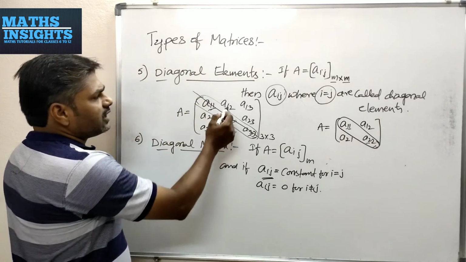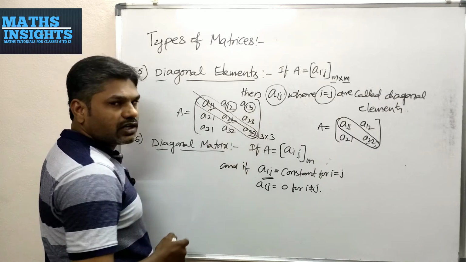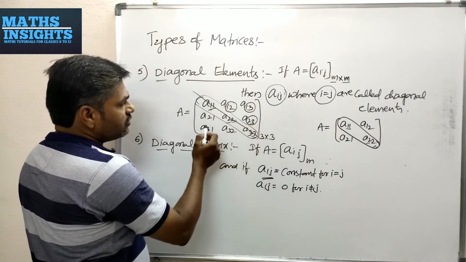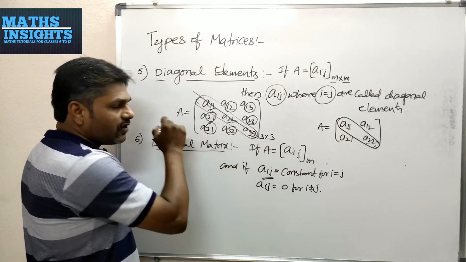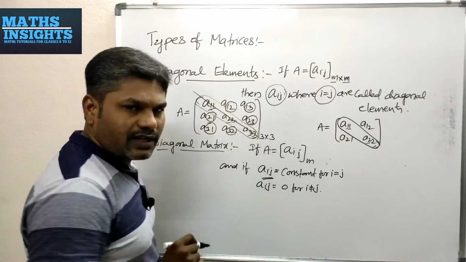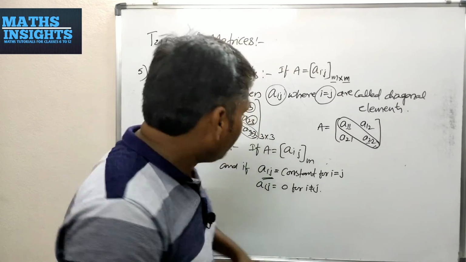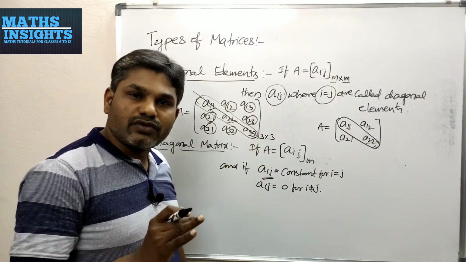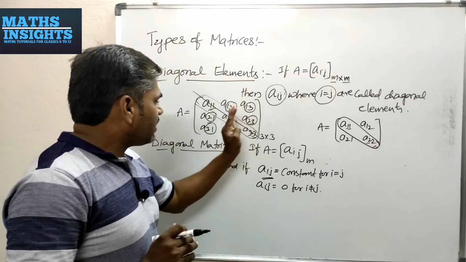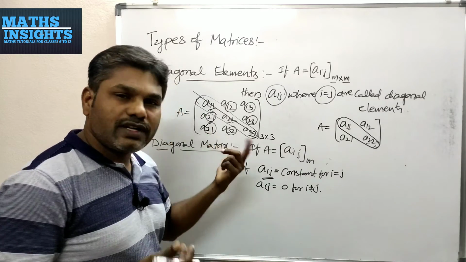If you observe, here i is not equal to j, here also i is not equal to j, everywhere except this area i is not equal to j. Simple. It means you have to take some numbers except zeros on the principal diagonal, and in the areas above and below the principal diagonal you have to take zeros.